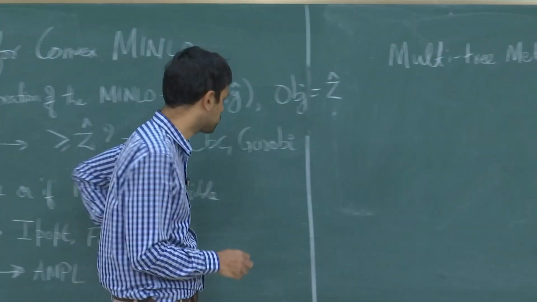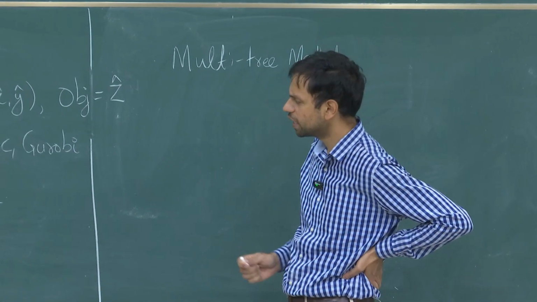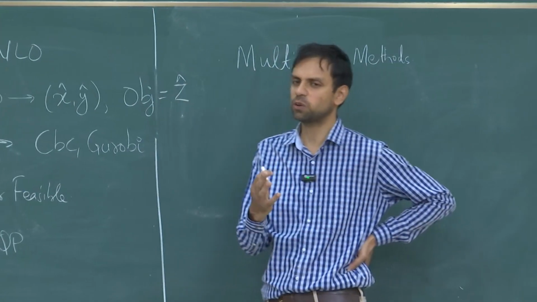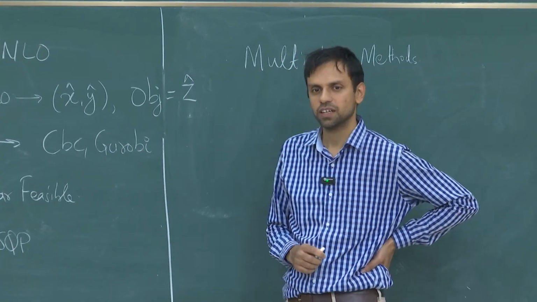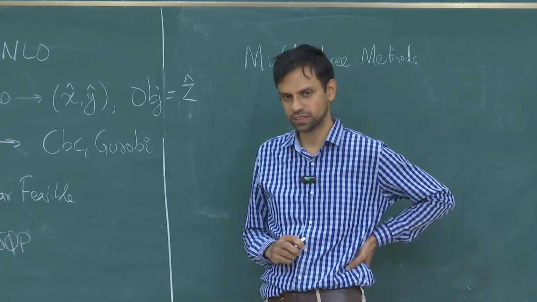The other disadvantage of these methods is that when your functions are not really convex, then they fail quite fast.